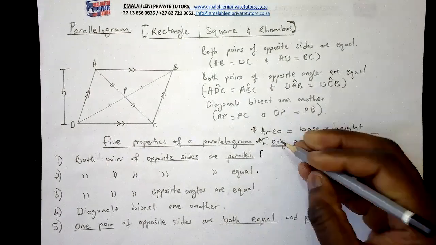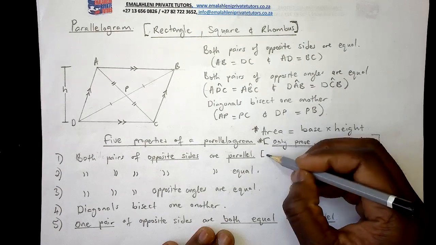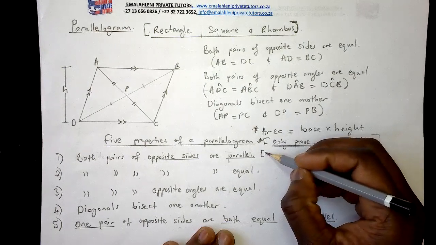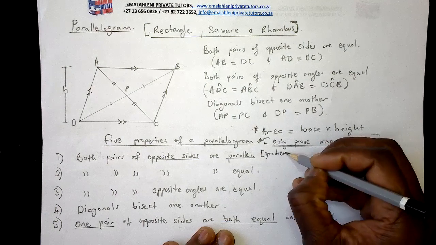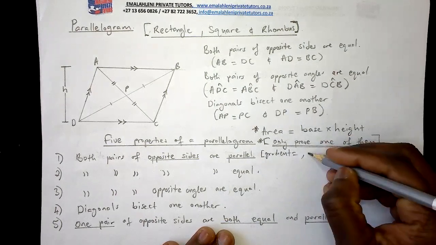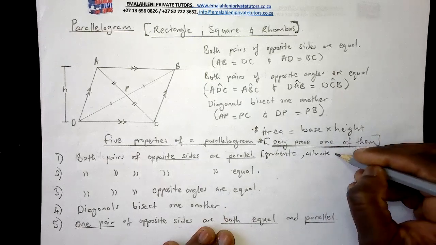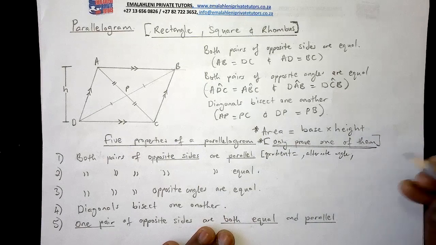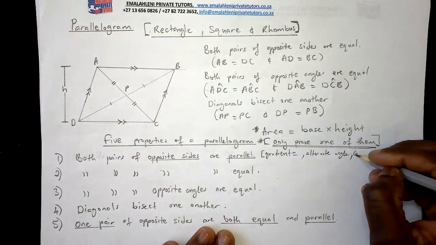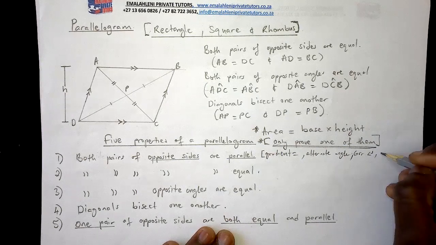You look at properties like parallel lines. You look at gradients, equal gradients. Then you look at types of angles like alternate angles, then corresponding angles, and also co-interior angles.